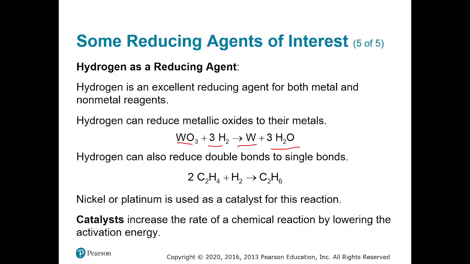Hydrogen can also reduce double bonds to single bonds. You may have heard of this as hydrogenation. If you're looking at peanut butter, what they do is take something that would be a liquid at room temperature, put hydrogen through it and do a reaction with the catalyst, which we'll talk about in just a bit. That's called hydrogenation.